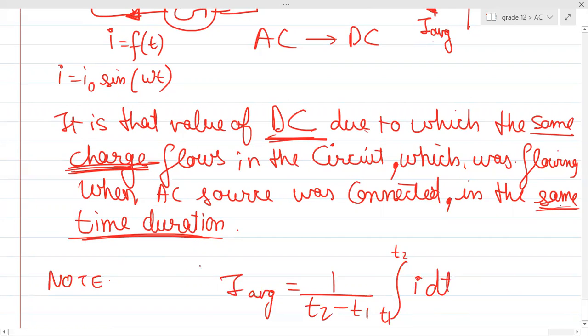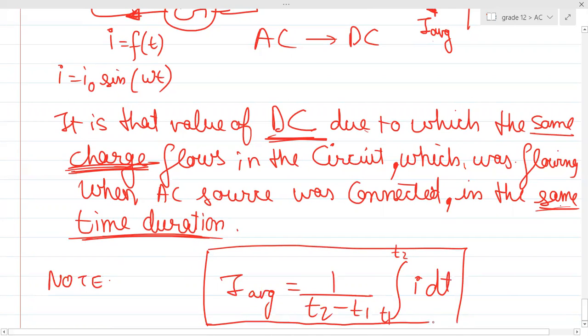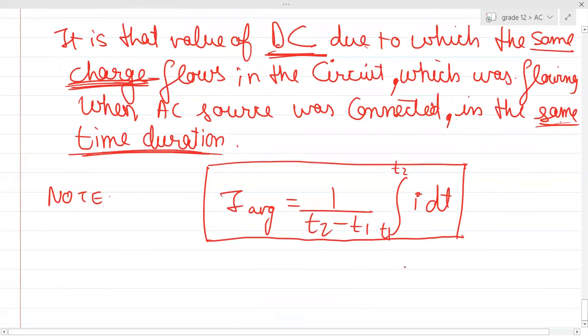Please remember, small I is the instantaneous current, or basically the alternating current. If you want to write capital I, you can. It's up to you. And I average is the average.